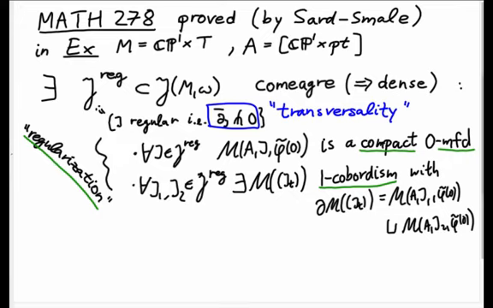And the upshot of this is that, since I haven't talked about orientations, the number of points in this moduli space, if I count mod 2, is well defined.